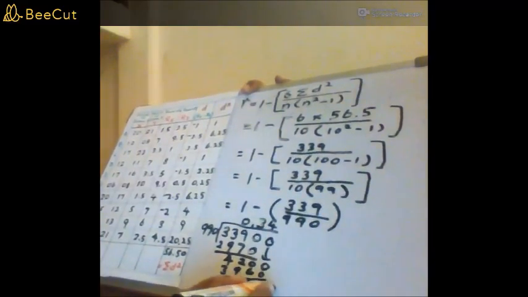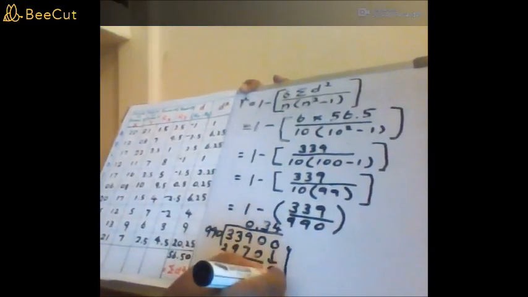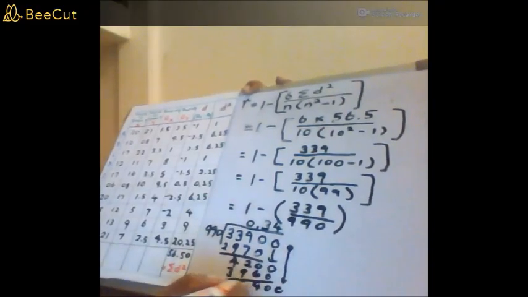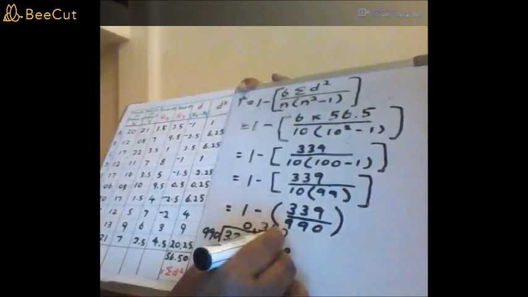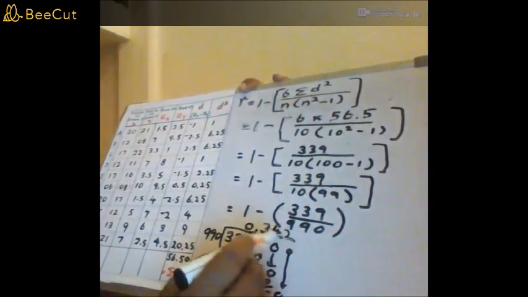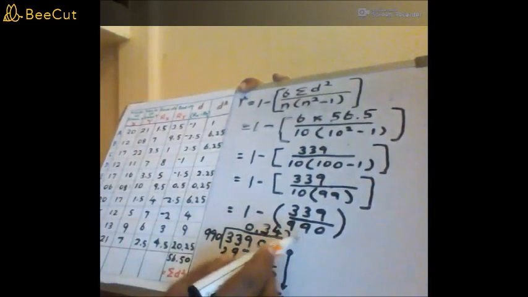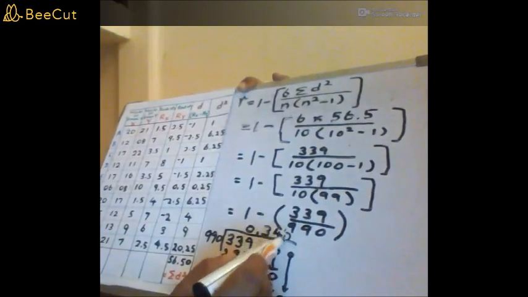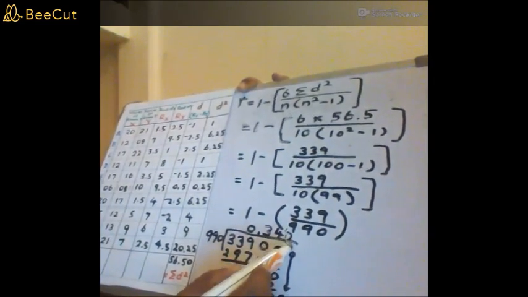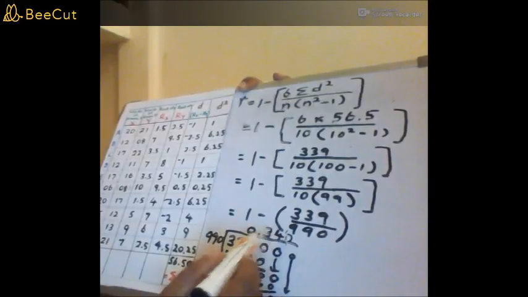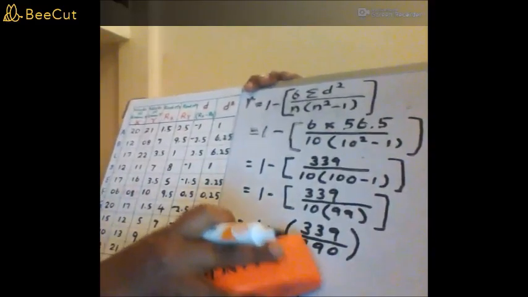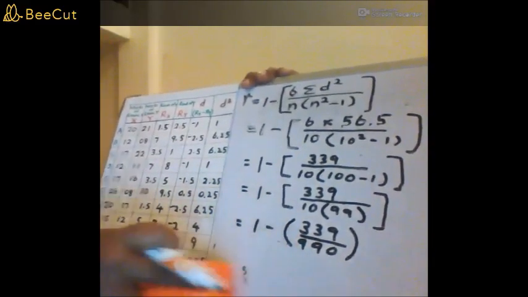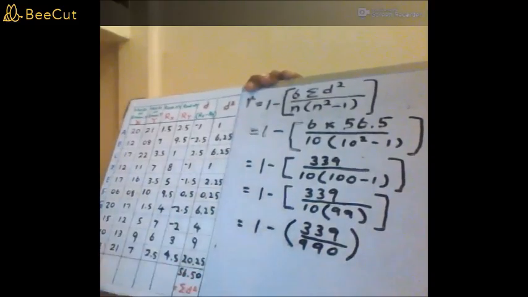Take another 0 from here. Then we can find two values. Always calculate up to 3 decimal places, then round it up. Right, from here it's 2, it's below 5. So the answer here is 0.34. Right, do the third decimal point and then round it up.